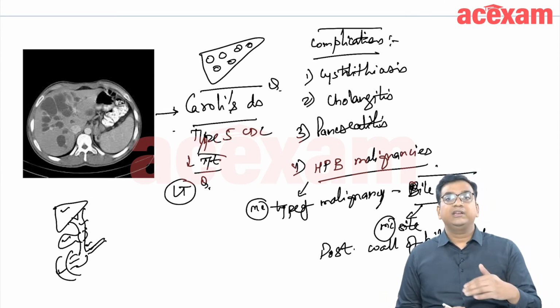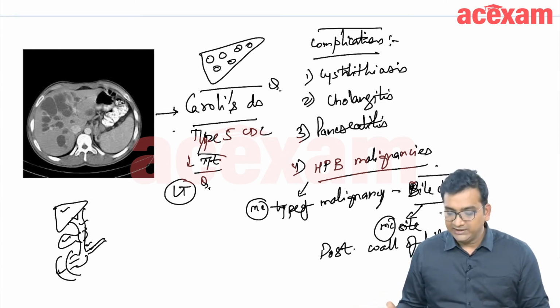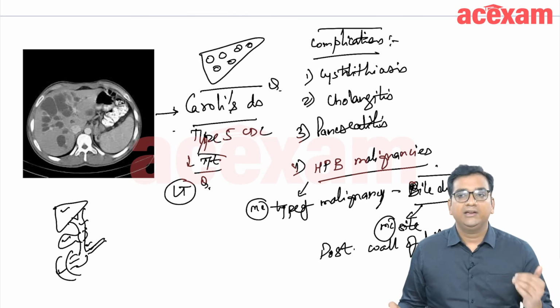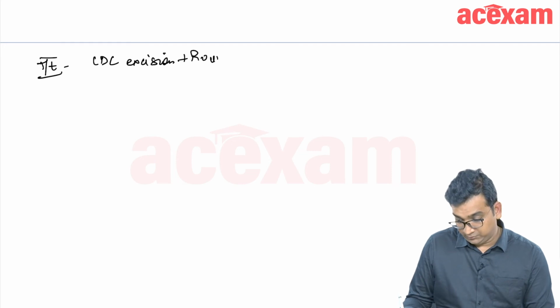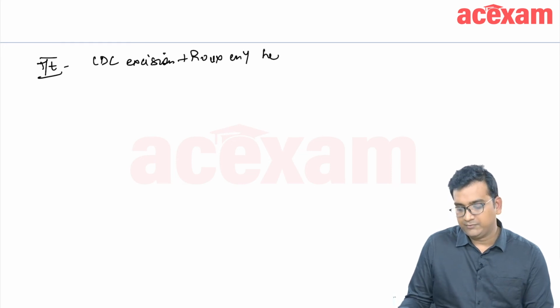Now, the investigation of choice I have told is MRCP, and the treatment is Roux-en-Y hepaticojejunostomy. Treatment is choledochal cyst excision with Roux-en-Y hepaticojejunostomy.